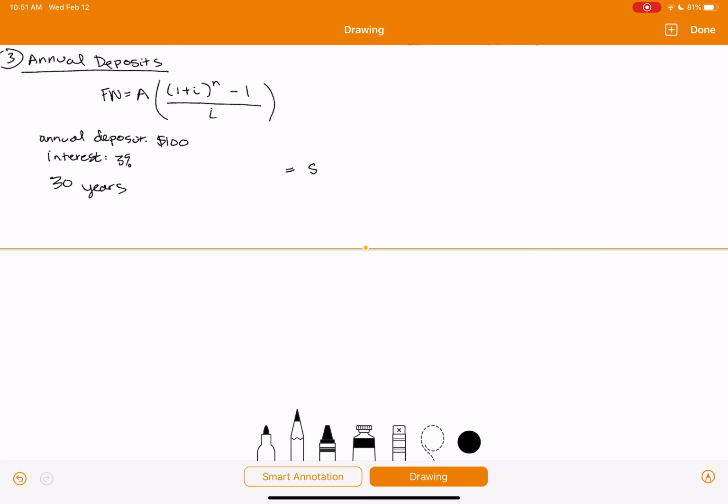So again, we're depositing $100 every year into an account that's earning 3% interest, again, using interest in decimal form. We're doing this for 30 years. So you plug all that into a calculator and you'll get $4,757.54 at the end of 30 years.